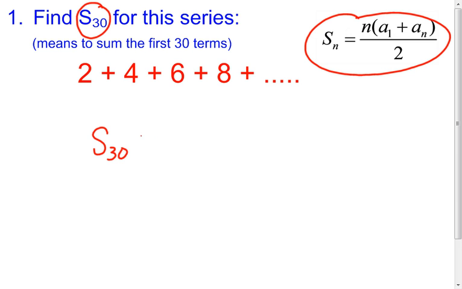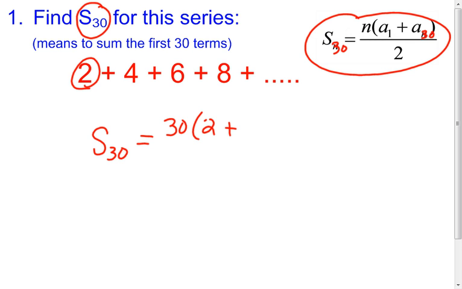So we're going to plug in 30 for n. A1, of course, stands for our first term, and we find our first term right here. That's 2. The problem on this one is I don't know the 30th term, A30.